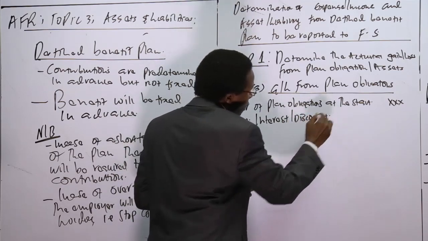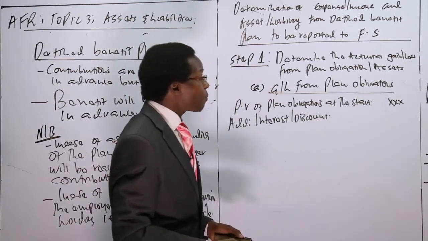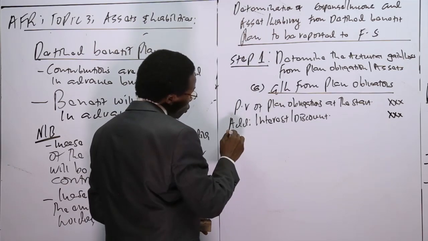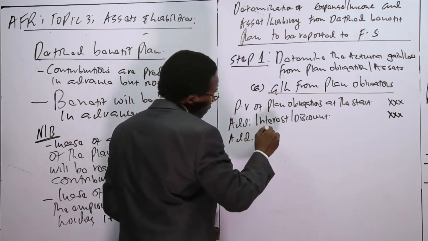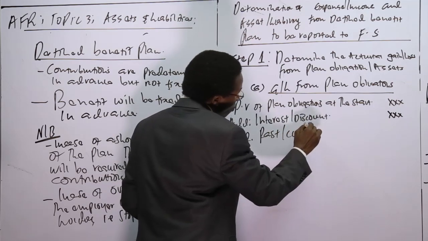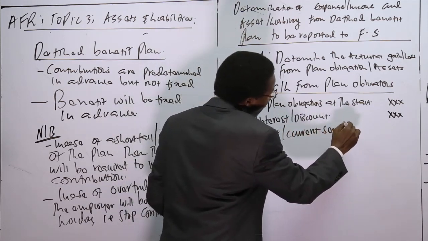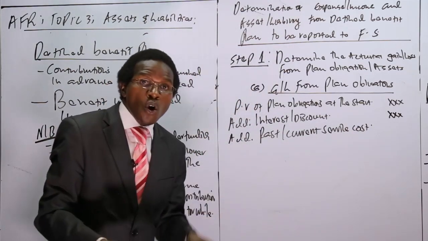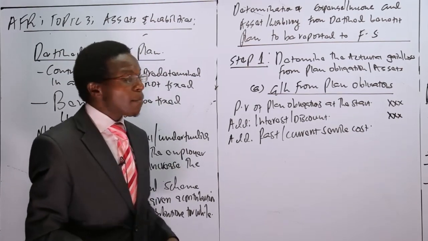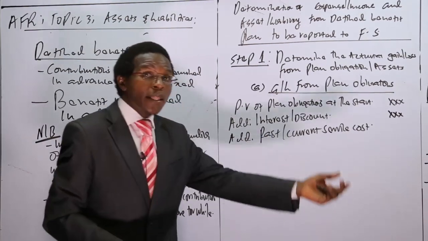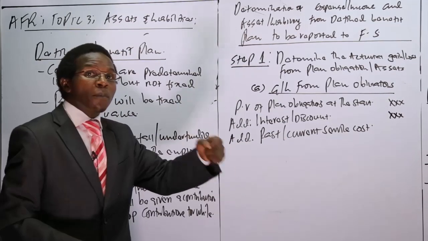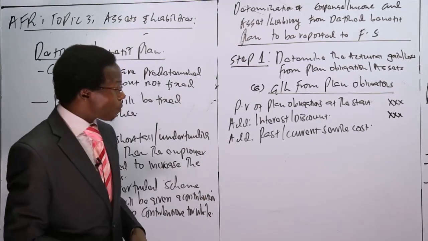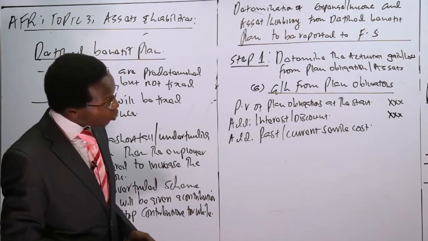The discount or interest will be based on the plan obligations at the beginning, the balance brought down. Then you are also going to add the past or current service costs. Remember, we must have said that the current service cost is the present value of the services rendered in the current year by the employees. The past service costs are the present value of the services rendered by the employees before we entered a new scheme or before we entered the pension plan. So that is what we have as a past or current service cost.